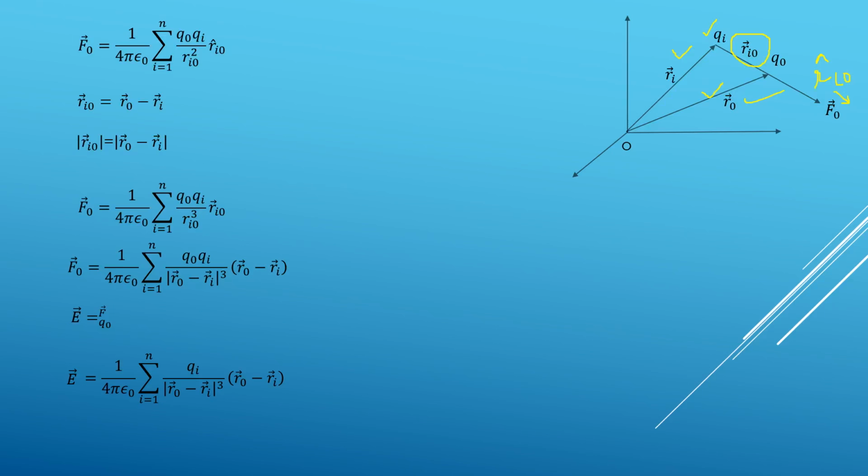Now if we convert this unit vector Ri naught cap, this can be written as vector Ri naught upon mod of Ri naught. So if we put this value here, then we will get this expression.